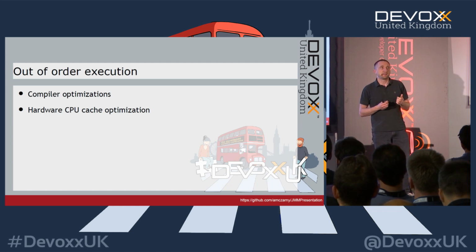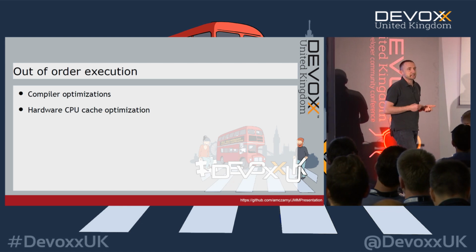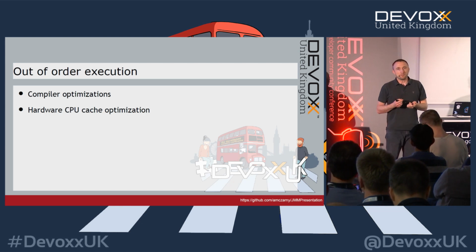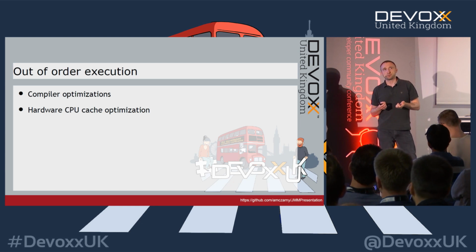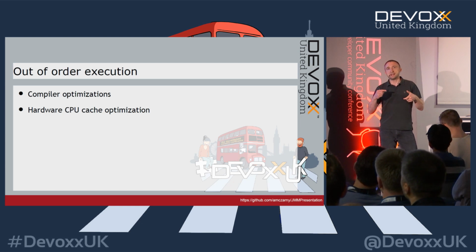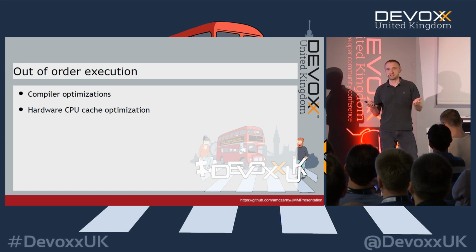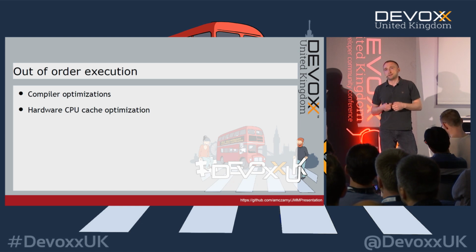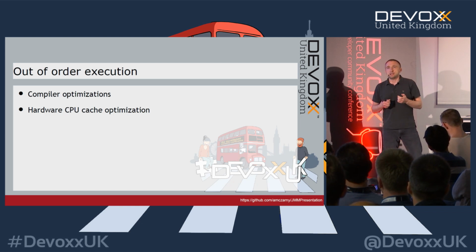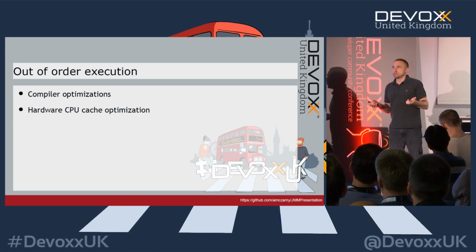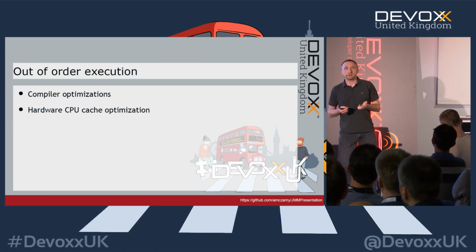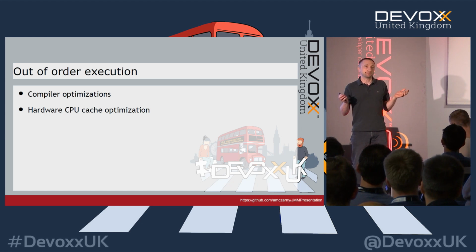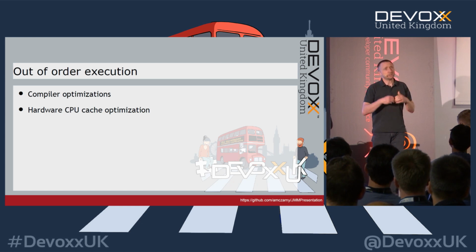If you have a synchronized method and you call it from a loop, then the compiler can detect that and put the synchronization around the loop, because entering and exiting a synchronized block is expensive, and that will also optimize it. If you synchronize on something which is not visible to other threads, then the compiler can detect that and completely remove the synchronization. And there are many more of them.